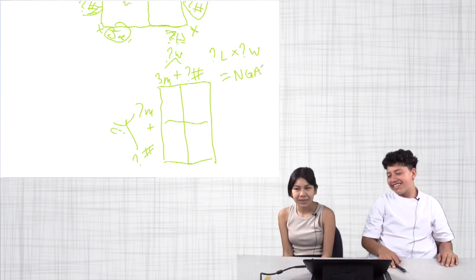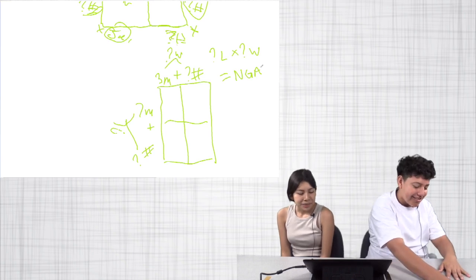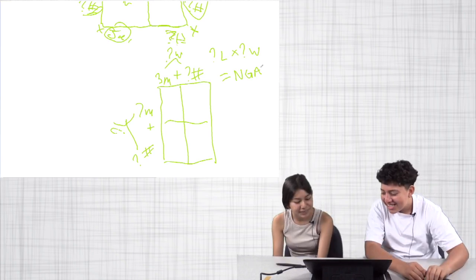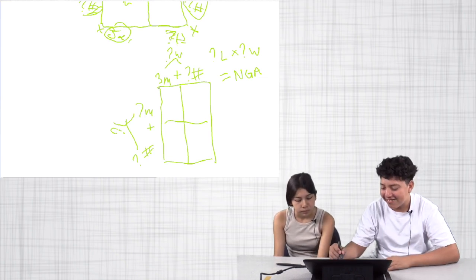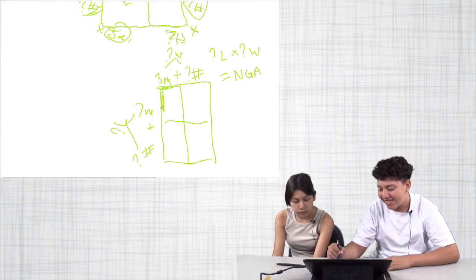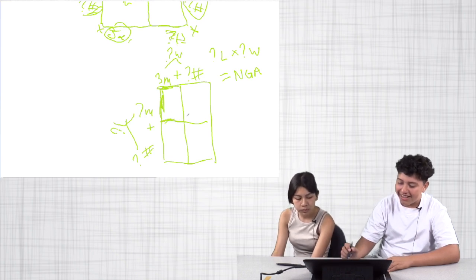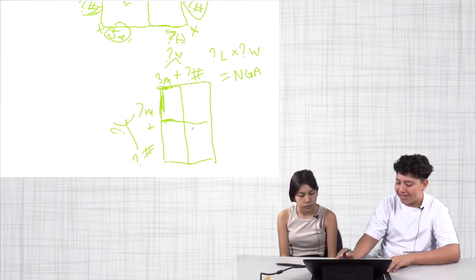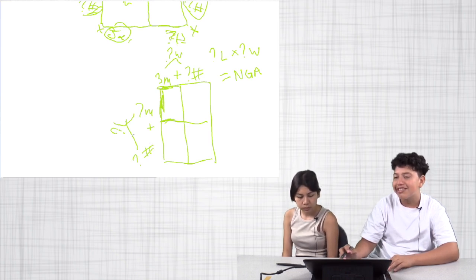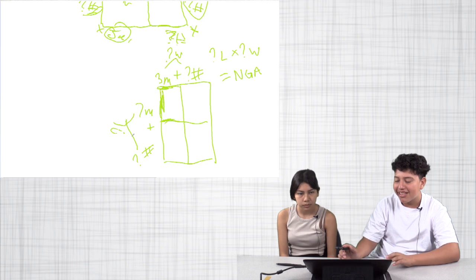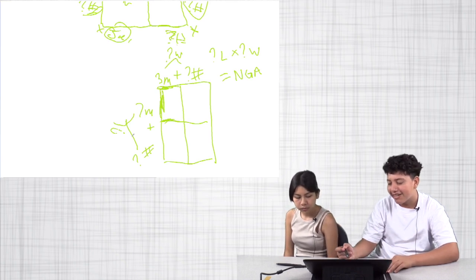All right, so you introduced some more new variables, didn't you? She basically did the original garden, 3 meters by 7 meters right here, and she added the 7 meters plus an unknown number, which is going to get you the length, but we don't know the length right now.